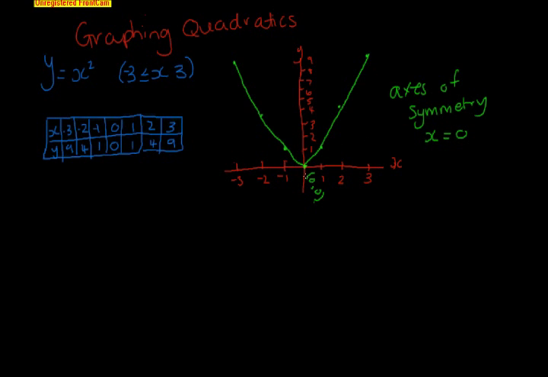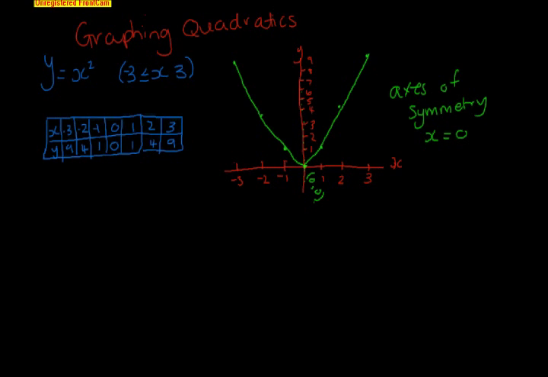It just means that at x equals 0, if I was to draw that line straight up, my curve should be completely symmetrical on each side. It's like a mirror that we put down at x equals 0, or along the y-axis. Our curve should be identical on both sides.